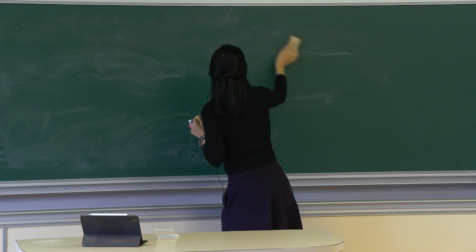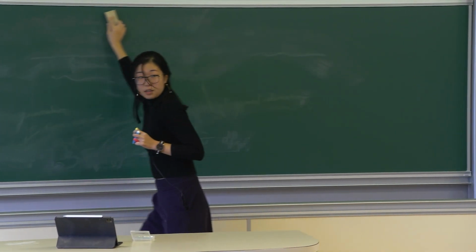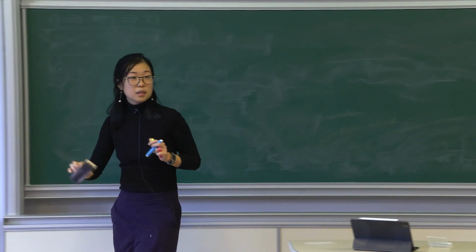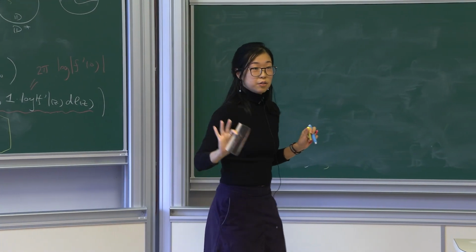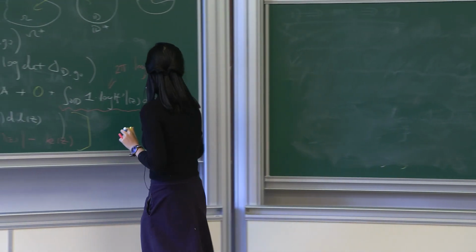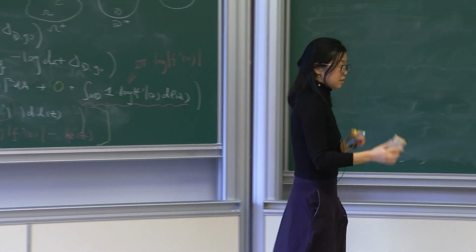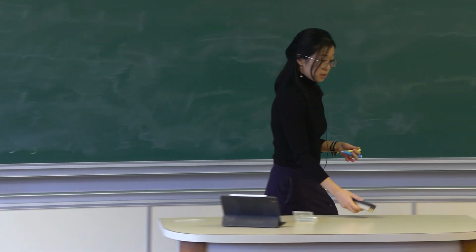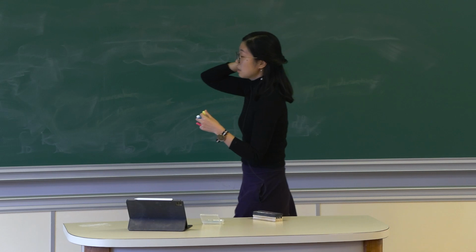Let me just start slowly, if there are questions. So we are going to move away from this theorem. The rest of today is really just to give you this conceptual idea about the determinants of Laplacian and how things are connected to other things.